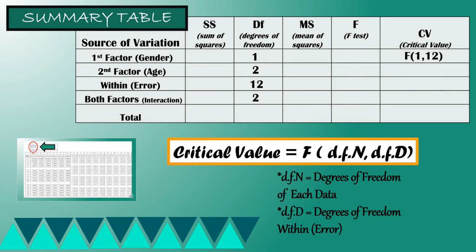For the first factor, we have F with 1 and 12. 1 is the degrees of freedom of the first factor, and 12 the degrees of freedom within. For the second factor, we have F with 2 and 12, and for both factors, we have F with 2 and 12.